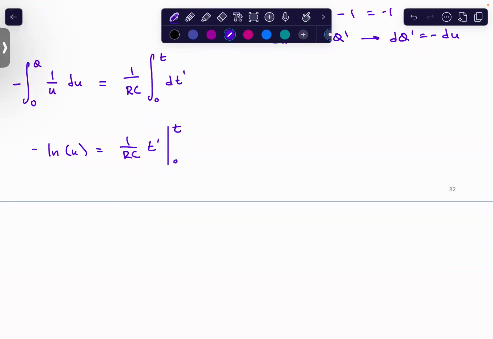Okay, so then let's substitute the U back in and evaluate from 0 to Q. Now that's kind of a shortcut way to do it. Most of your math teachers would tell you to change the limits of integration, but I don't like to do that.